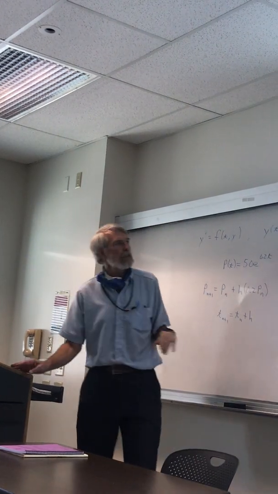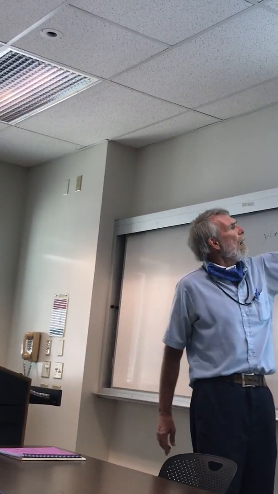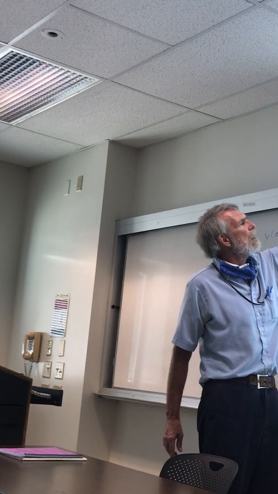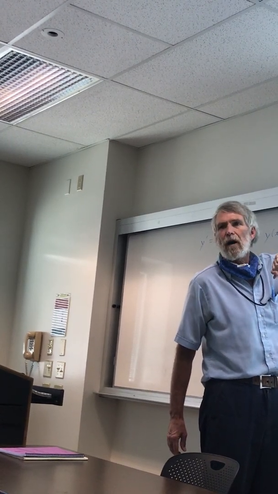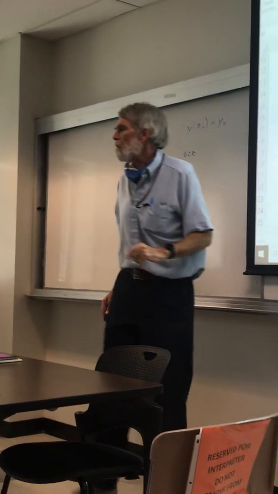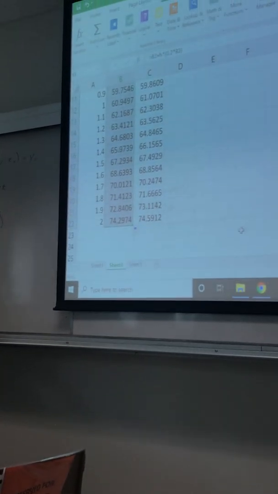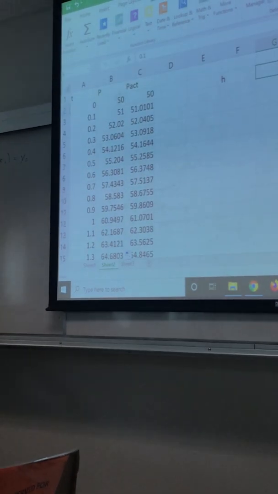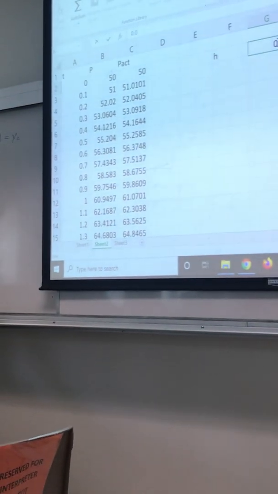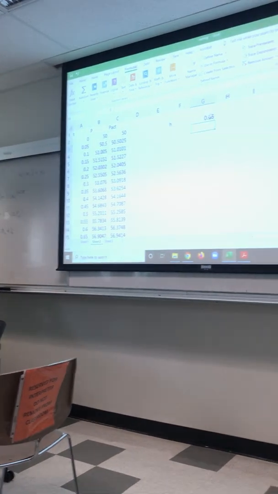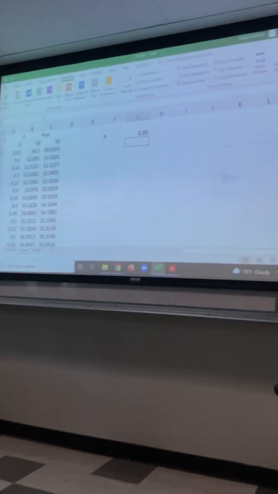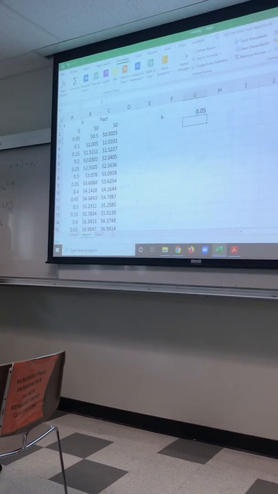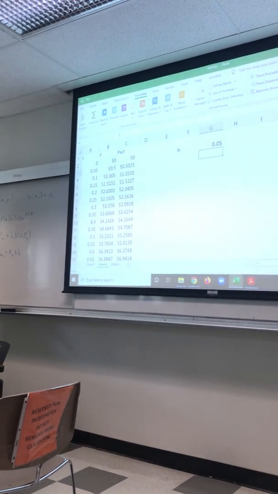Let's look at the problem at 1. At 1, we're about say 0.06 off, right? Now let's see what happens. Should I go up here and I change this to 0.05. All right. Everything in the chart updated, right? I didn't have to do anything new. Everything's updated.